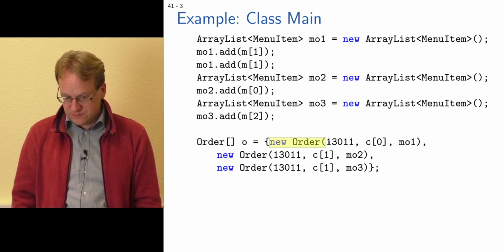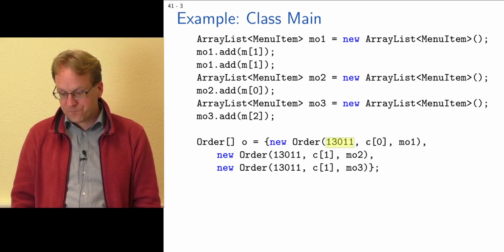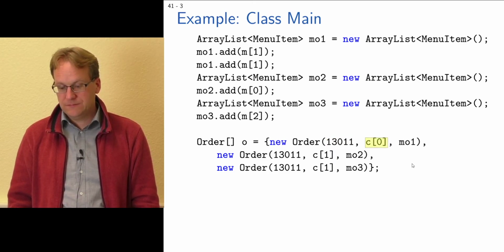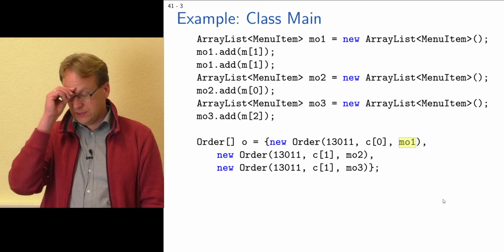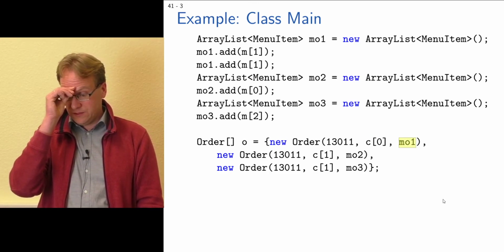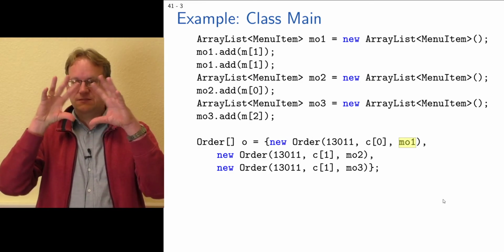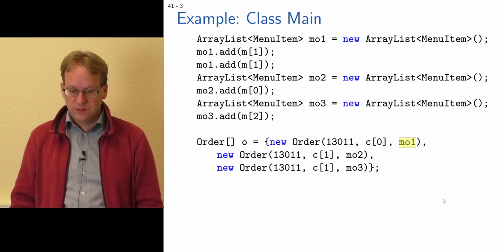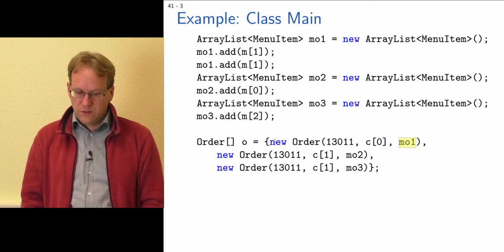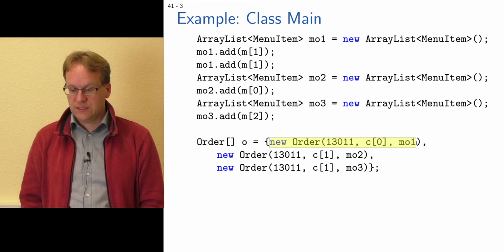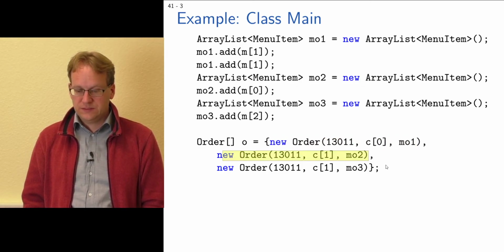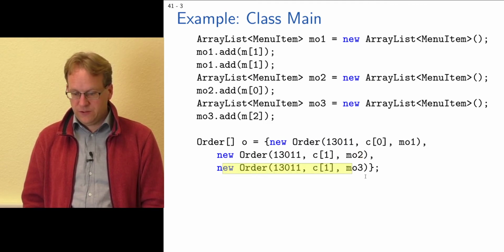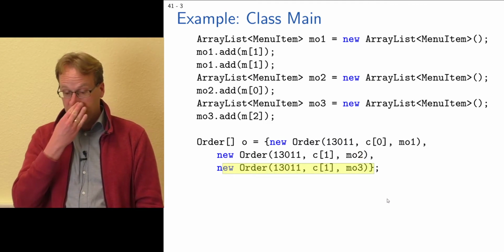So I have order ID, customer, and the menu items nicely wrapped in an array list. So now I have created one order with twice pizza calzone, one order with 1 pizza fungi, and one order with 1 insalata mista.